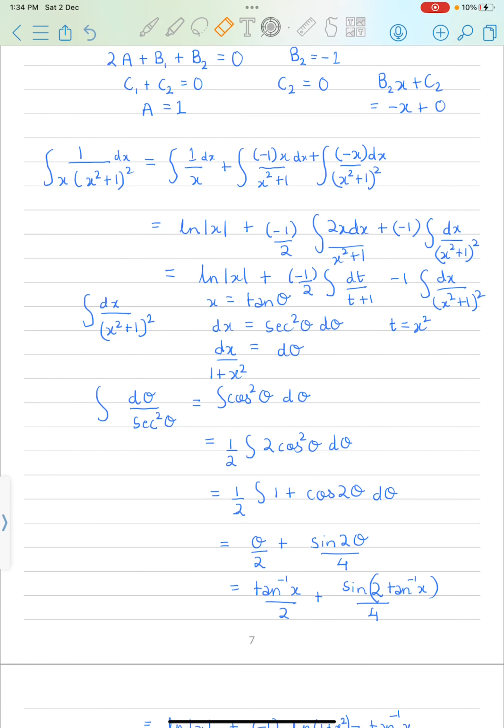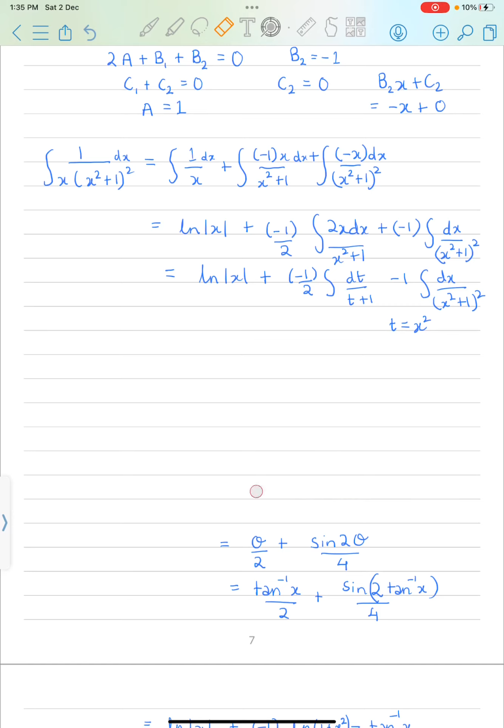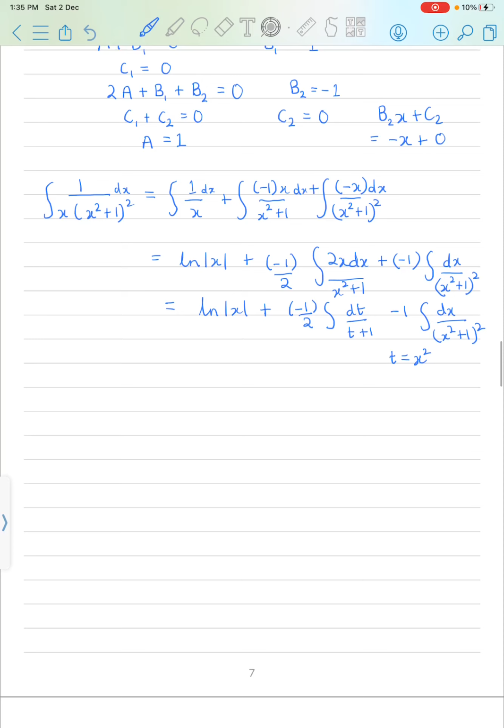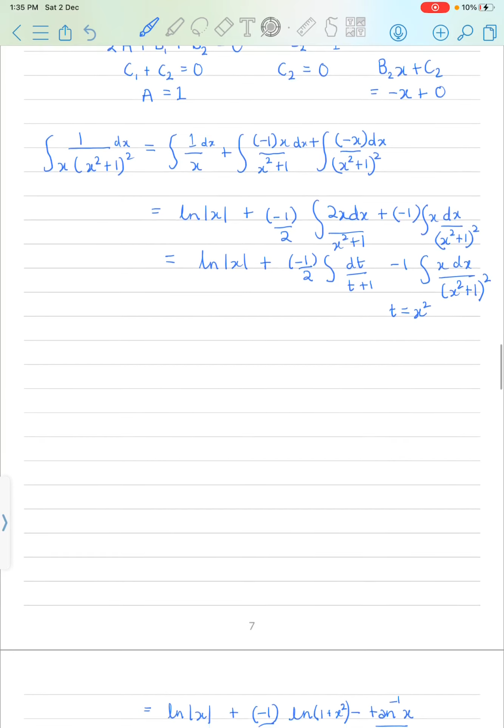I think I have made mistakes here, so I'm going to erase this. This is minus x dx by x square plus 1 whole square, right?